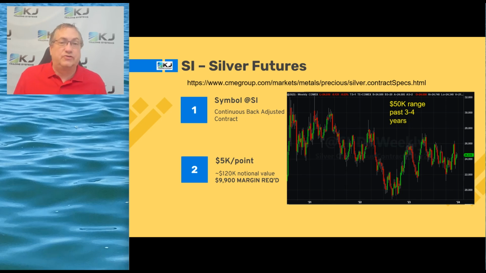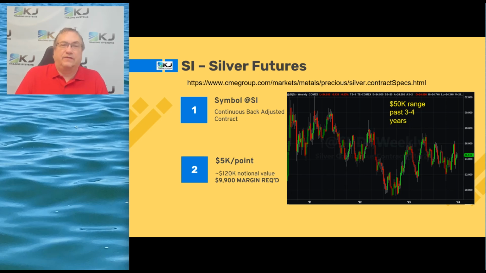The margins do change over time, so you want to check this. But as of today, the end of December 2023, you need around $10,000 just to open one silver contract. But with that, you'll be controlling $120,000 worth of silver. So that's how that works.